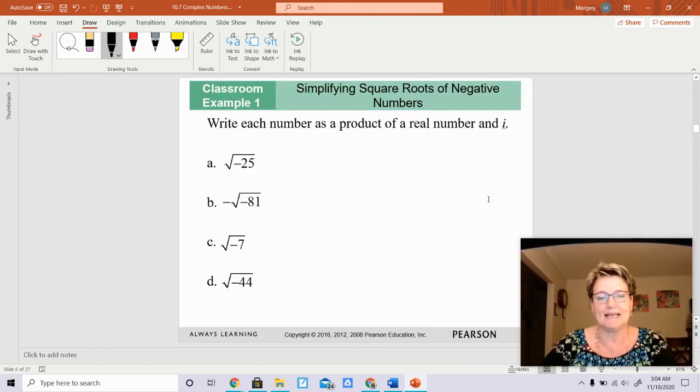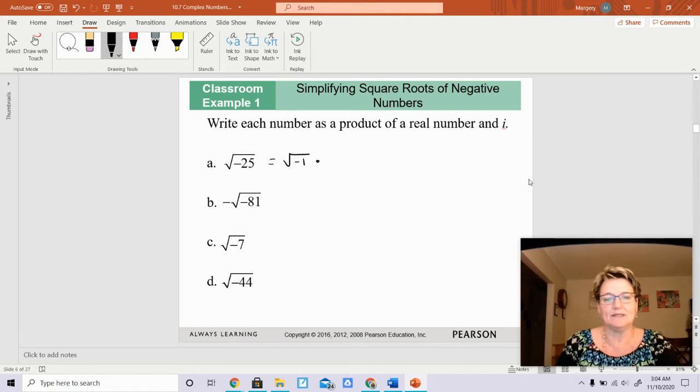So let's do some examples. First of all, the square root of -1 times the square root of 25. The square root of -1 is i, and the square root of 25 is 5. Mathematically speaking, we normally write it as 5i.